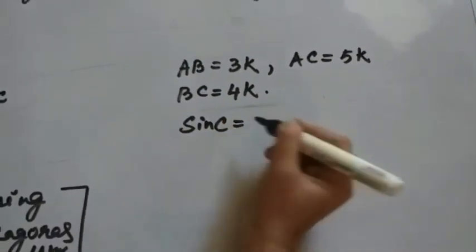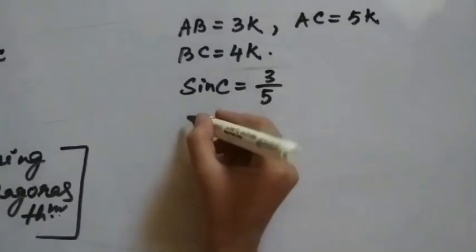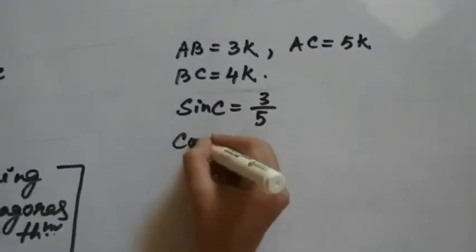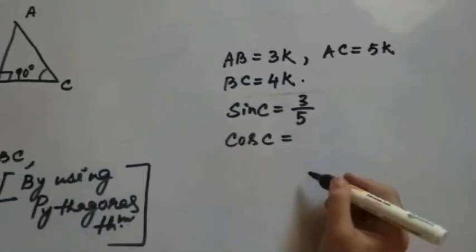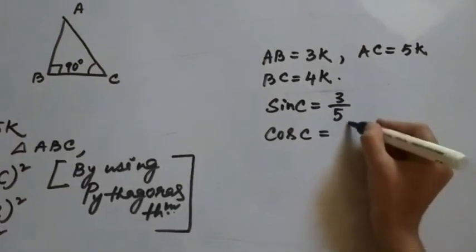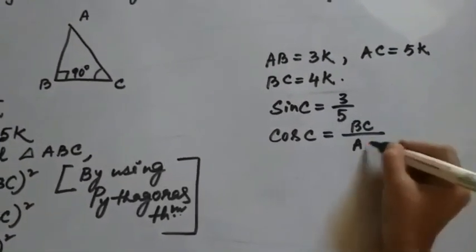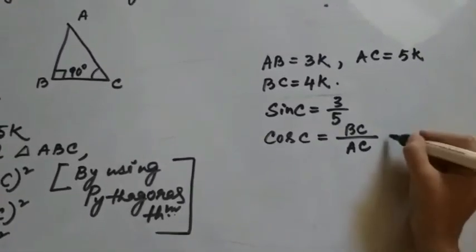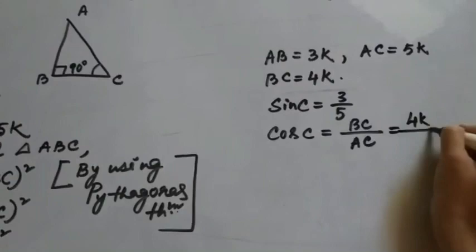Sin C value we had already known, it is 3 by 5. After that cos C. What is the formula of cos C? It will be base by hypotenuse, that means BC by AC. So it will be 4K by 5K.